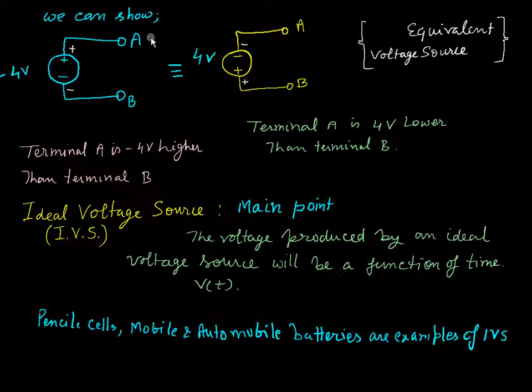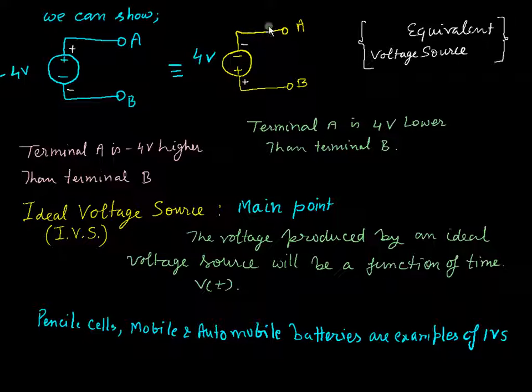We can show it with the equivalent voltage source circuit. This one is the first picture where a minus 4 volt voltage source is shown, and terminal A is at higher potential, terminal B at lower potential. This may be equivalent to the statement I gave earlier, that this is 4 volts. Here the notation has been changed: this one is at negative and the lower one is positive.